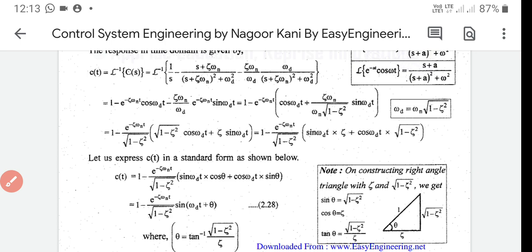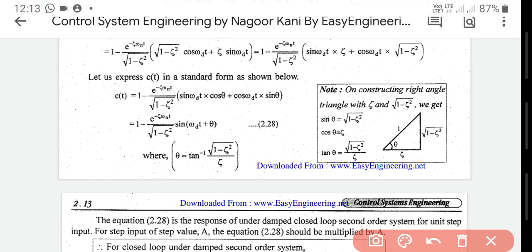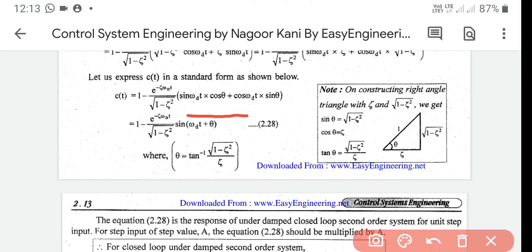Okay, so by considering this, now you are expressing the c of t in a standard form as c of t is equal to 1 minus e power minus zeta omega n into t by square root of 1 minus zeta square into sin omega d t into, so zeta can be written as cos theta.